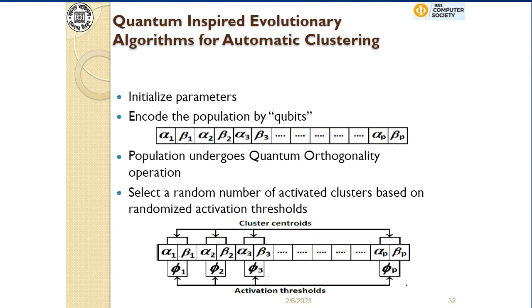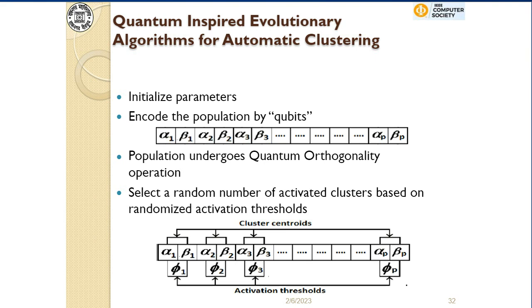And then again you go for a randomization process where you select some random thresholds between 0 and 1, like phi 1, phi 2, phi 3 to phi p. So for p number of cluster centroids, you come up with p number of random thresholds varying between 0 and 1. Because these are all random in nature, the entire process is random, so there is no point in having human intervention.